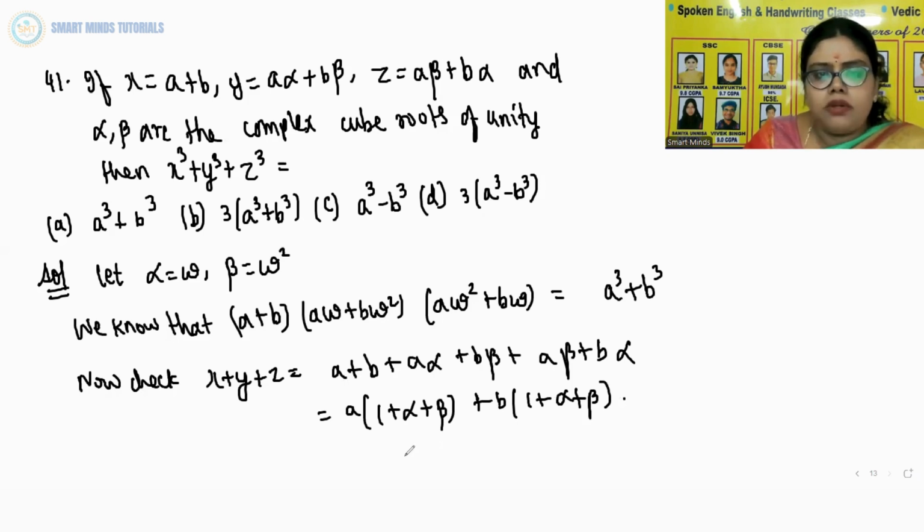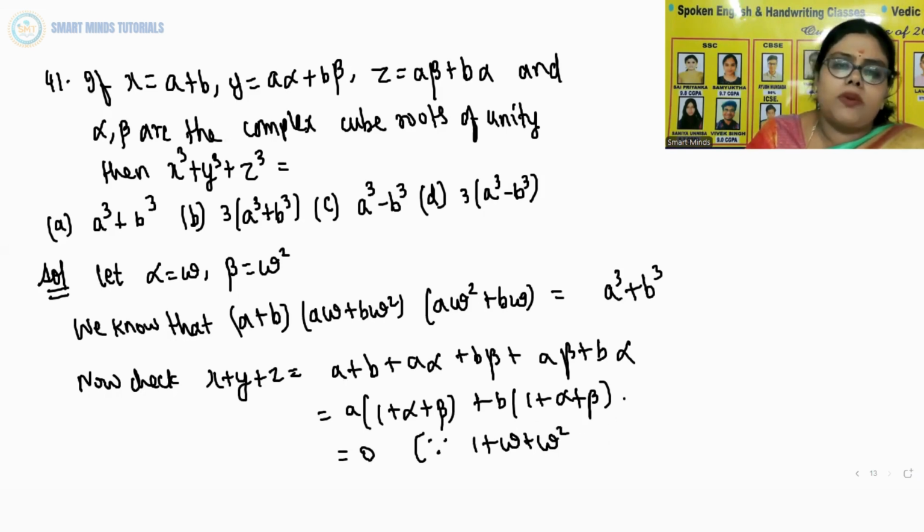Now that is equal to 0. Why? Since 1 + ω + ω² is 0. Here ω is α, ω² is β. So we have 1 + ω + ω², that becomes 0.